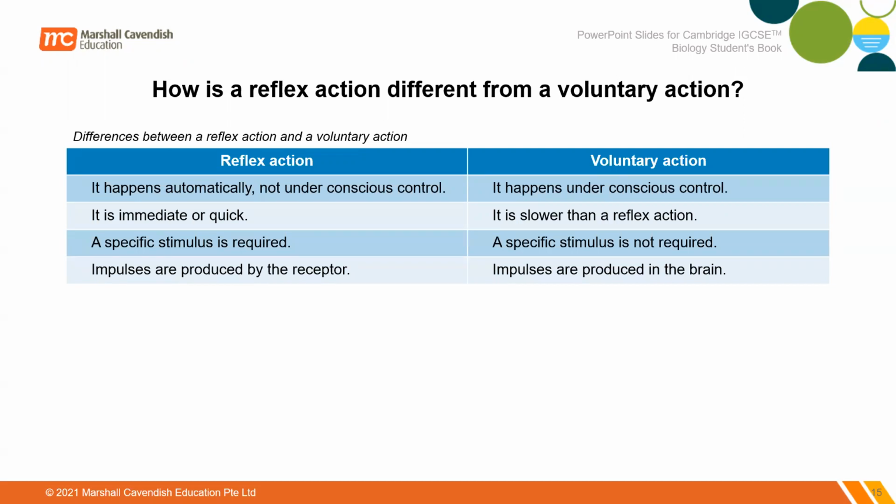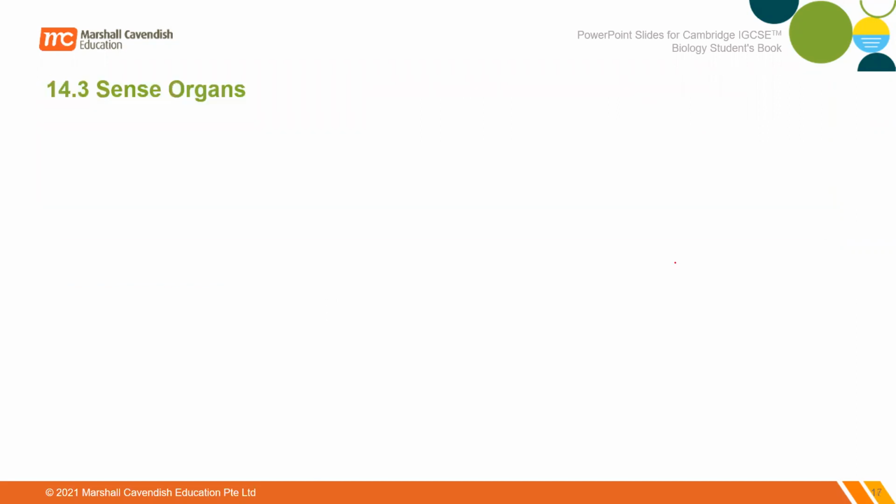It is a quick or rapid response and it is specific. Impulses for the reflex action are produced by what? Produced by receptors, but I'm talking about the impulses for the action needed. For voluntary action, the impulses are produced by the brain, because you need to think about the action needed.